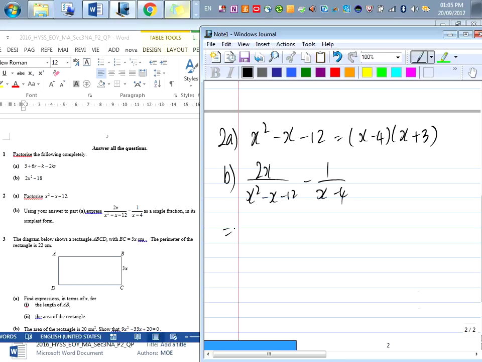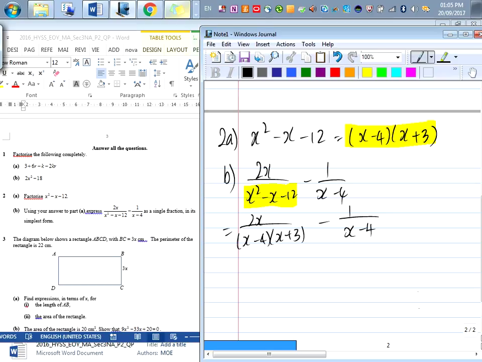Must be the same. We already did this, right? We factorized this earlier over here. So this one is the same as this. Let us replace. So I get 2x over x minus 4, x plus 3 minus 1 over x minus 4.